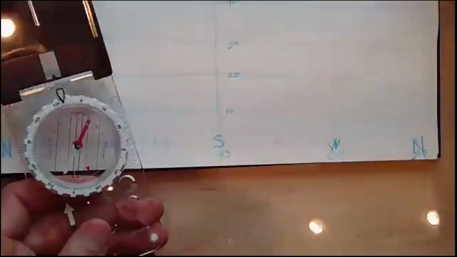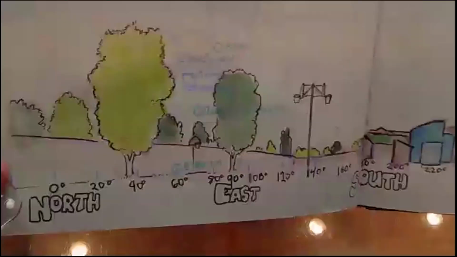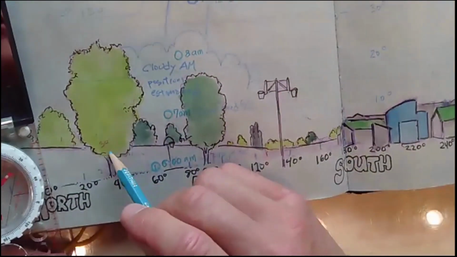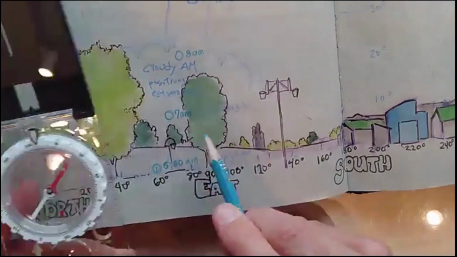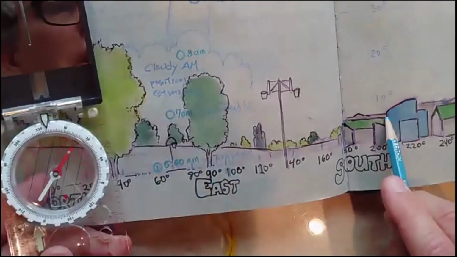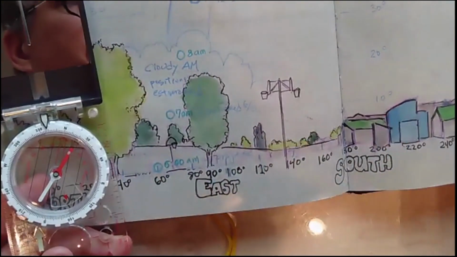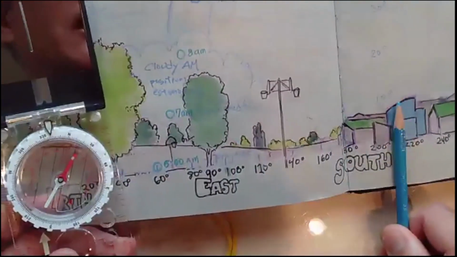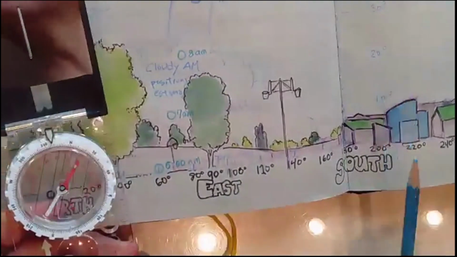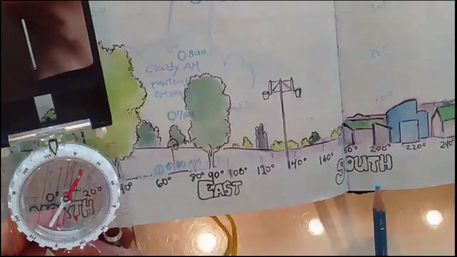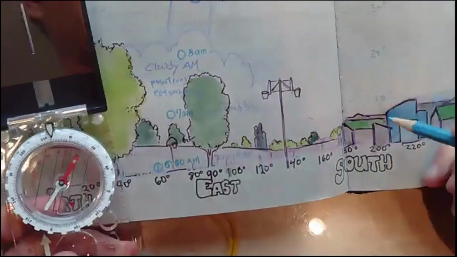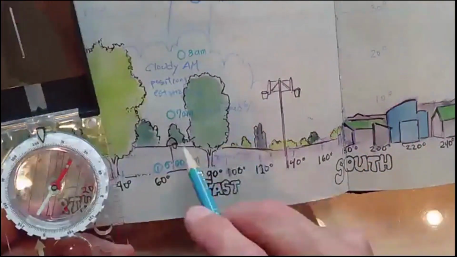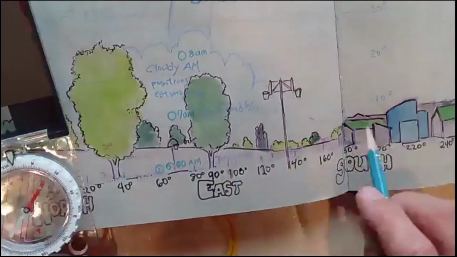When I was making this, I shot bearings on this tree, this post, this edge of the building, this other edge of the building, this tree. So I gave myself a few landmarks where I knew exactly where they were. Then I drew those in, and that helped me get all these buildings and features in the right places.